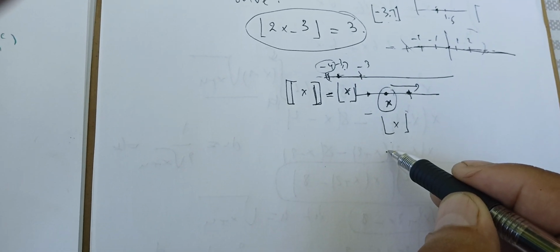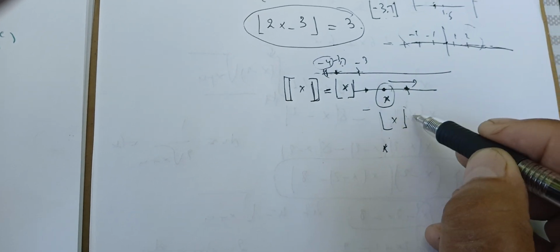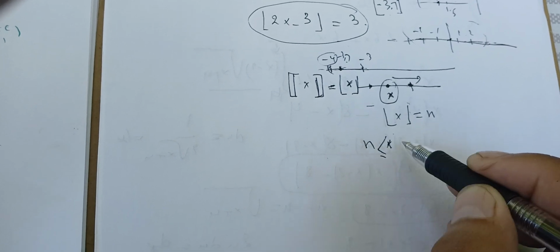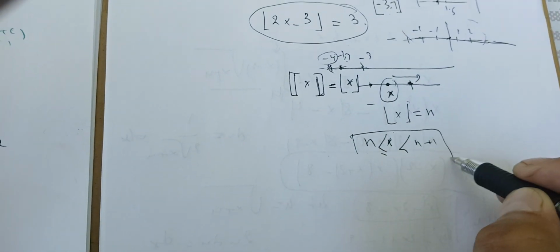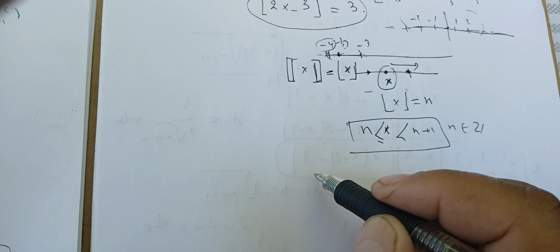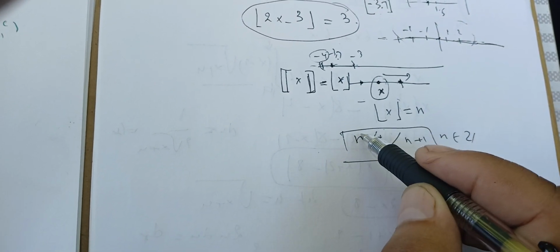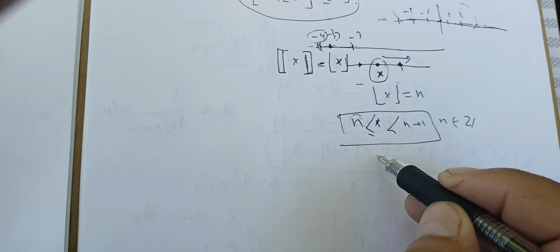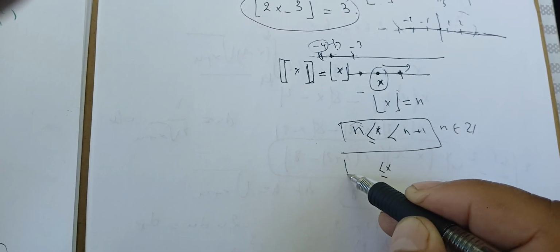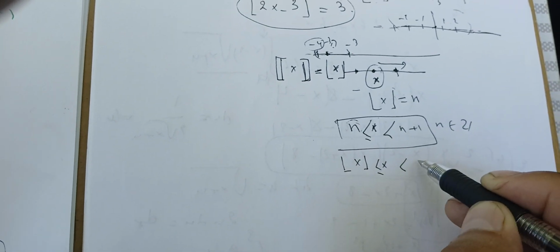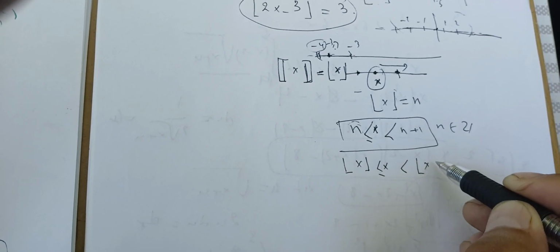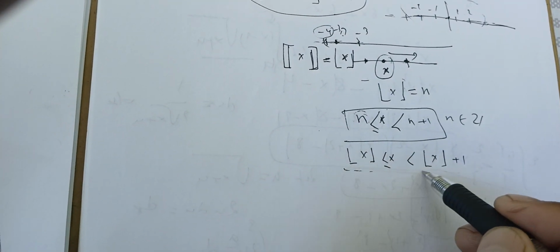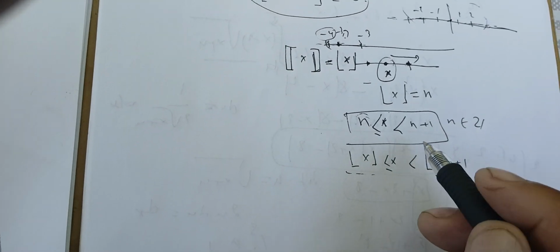Therefore the value is an integer, so we're going to call it n, and x is going to be bigger than or equal to n and less than n plus 1, where n is in Z. Using the fact that this is the floor function, we can write x as bigger than or equal to the floor of x and less than the floor of x plus 1.